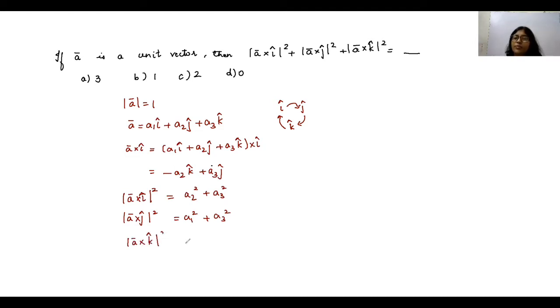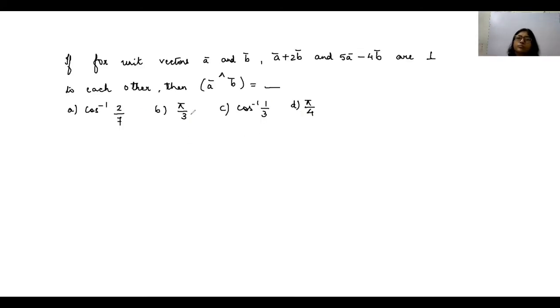And for K cap, we will get A1 and A2. We are looking for the sum. So add them up, it is 2 times A1 square plus A2 square plus A3 square, which is obviously magnitude of A square, and magnitude of A square is 1. So our answer here is 2.